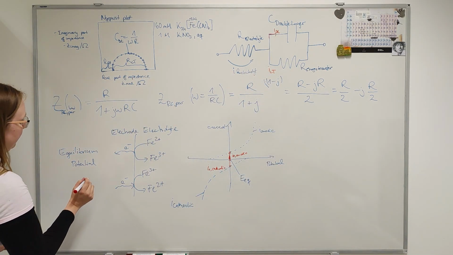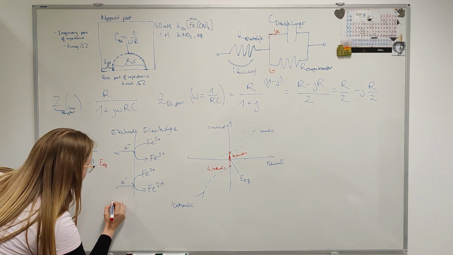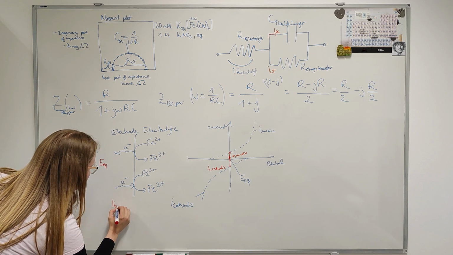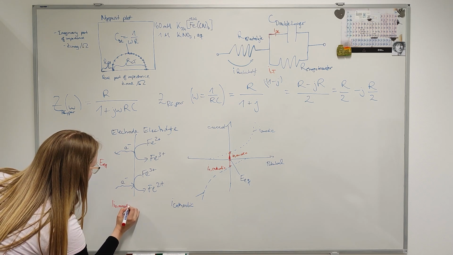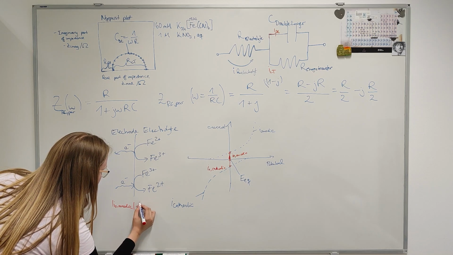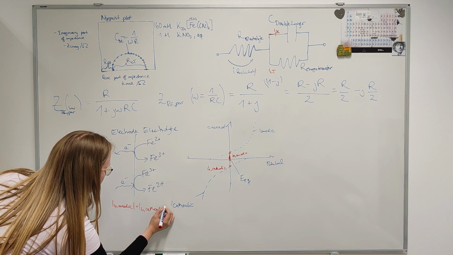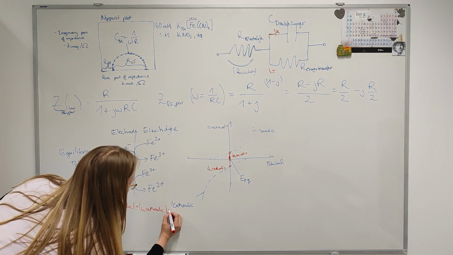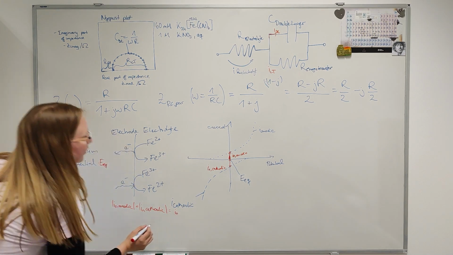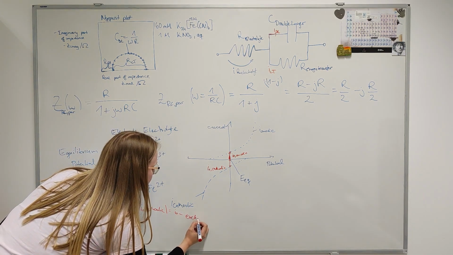So here at my equilibrium potential, and this is called actually exchange current in electrochemistry.